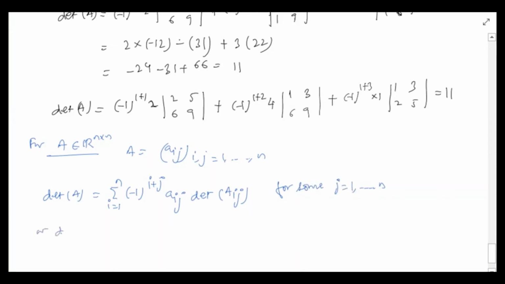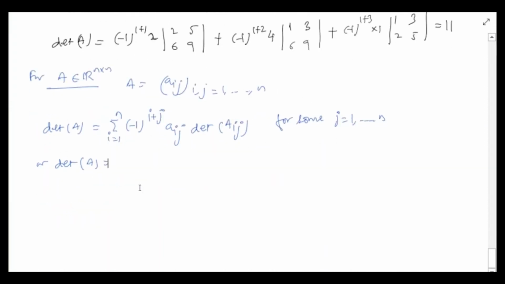Similarly, I could write determinant of A by expanding along say ith row, in which case I'll get the sum over j equals 1 to n of minus 1 raised to i plus j, Aij, and now determinant of Aij, where again Aij is the submatrix that is obtained by deleting ith row and jth column. So I could do it by expanding along any of the rows.